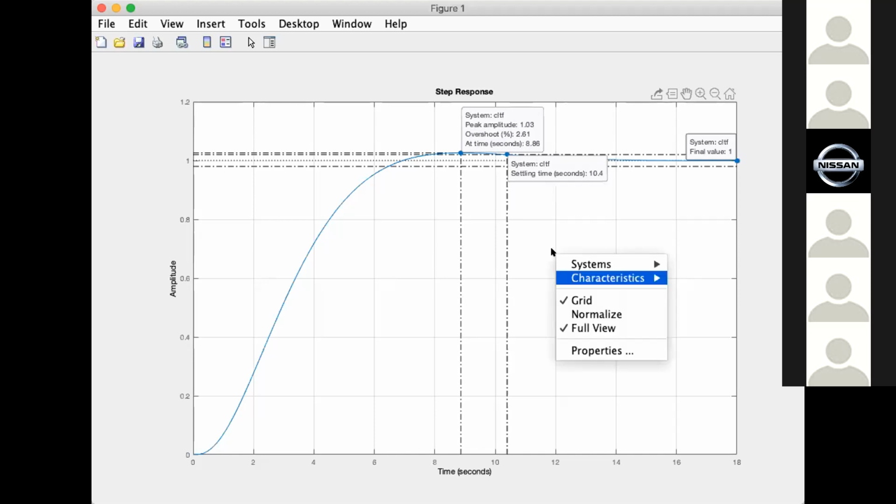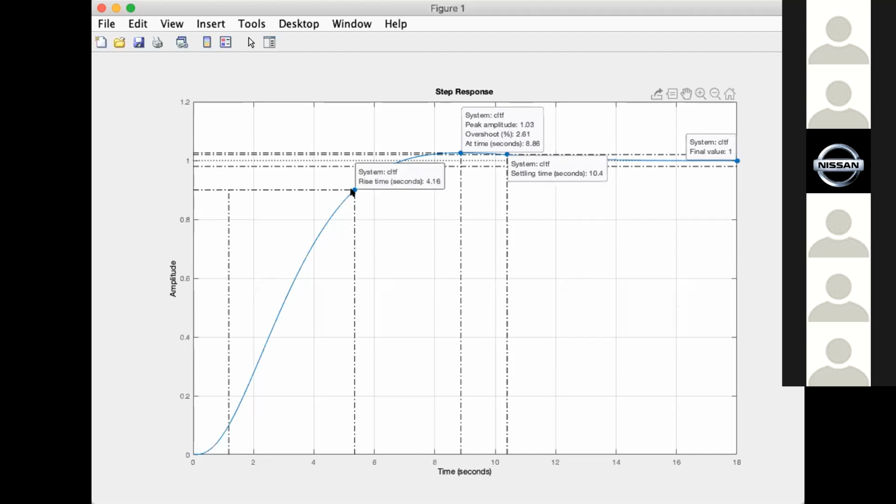The rise time over here is 4.16 seconds.